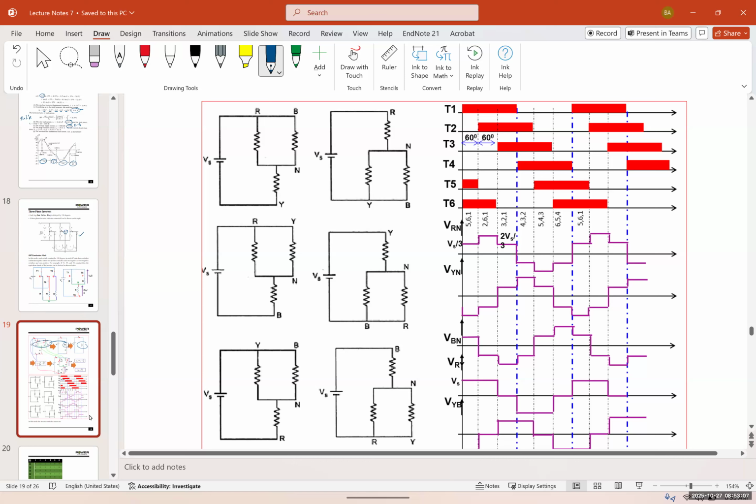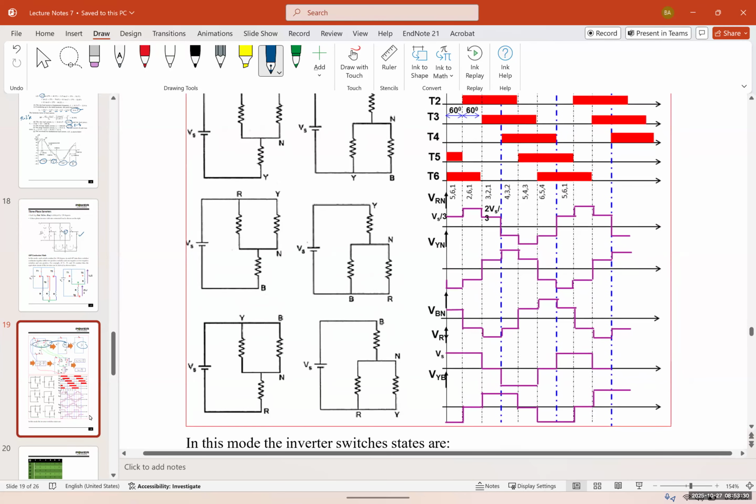The first one shows T1, T2, T3, T4, T5, and T6. The red one shows when the switches are on, and you can see what happens in the output when the switches are on or off. For each condition, you can see what the output VAN, VBN would be for each of them. Let's start with the first one.